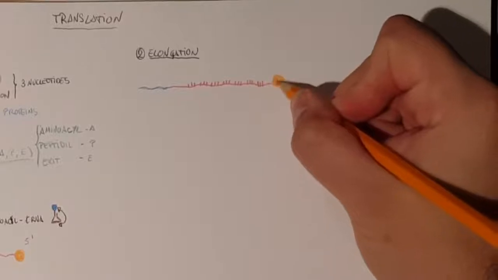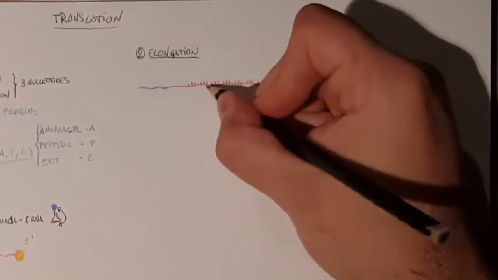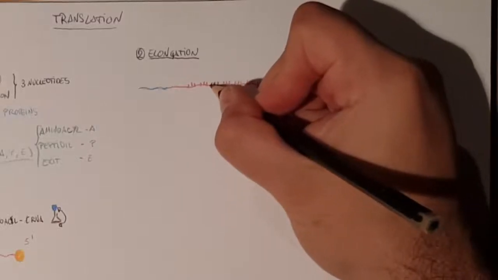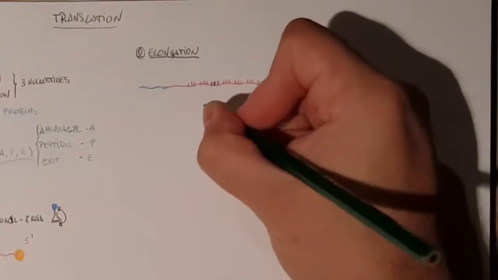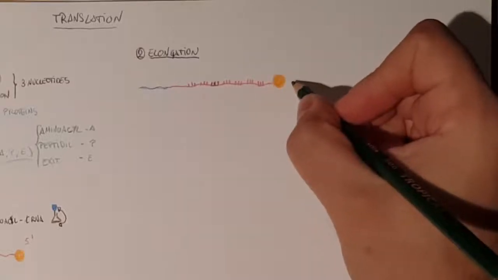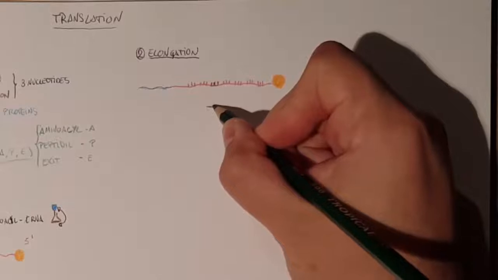Remember that our start codon is this one here, a little bit highlighted. Now the ribosome is going to move towards the 5' end, this one here.